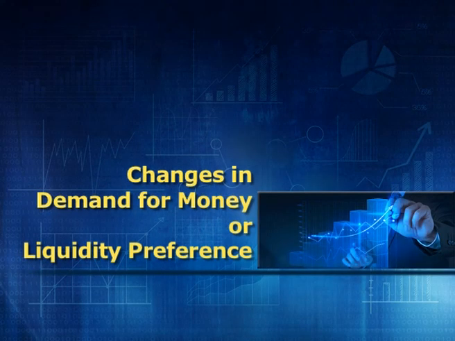Let us now see the changes in the LM curve. Let us now understand changes in demand for money or liquidity preference. Changes in demand for money or liquidity preference bring changes in the LM curve.